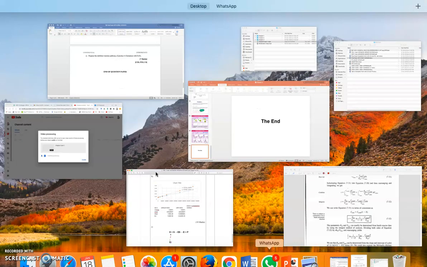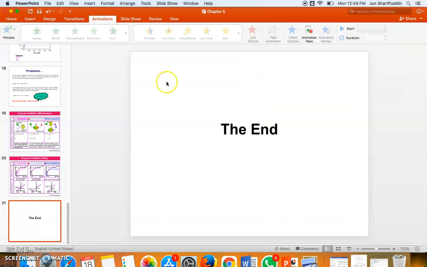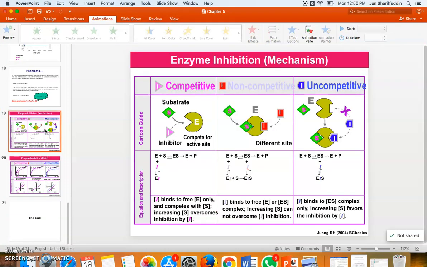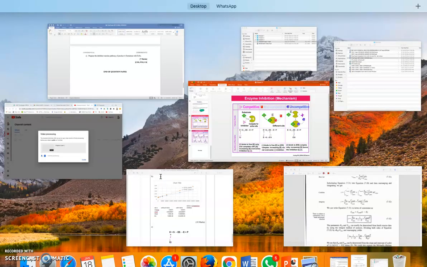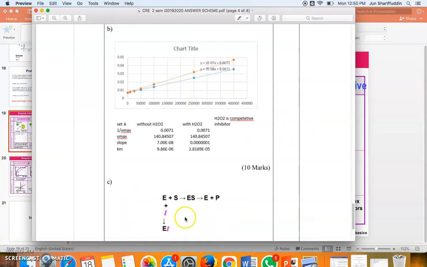From my earlier lecture, the mechanism for competitive will be E plus S. This is without inhibitor, but with inhibitor it will be this way. So this is the answer. So it's similar, right? I think this chapter is simple. Later on I will try to give you some other examples with regard to this chapter.